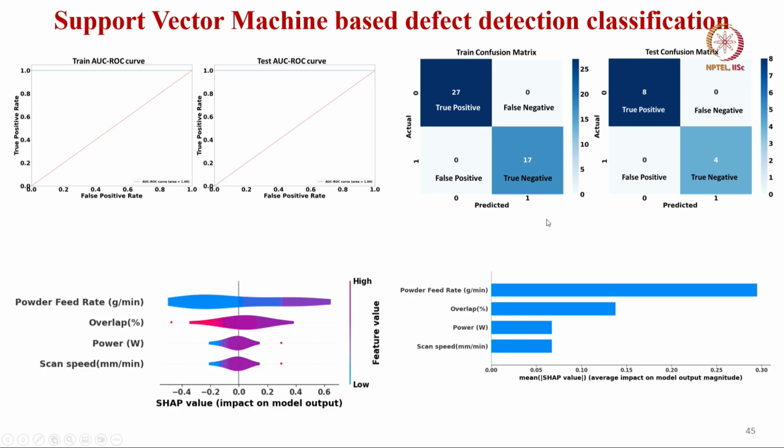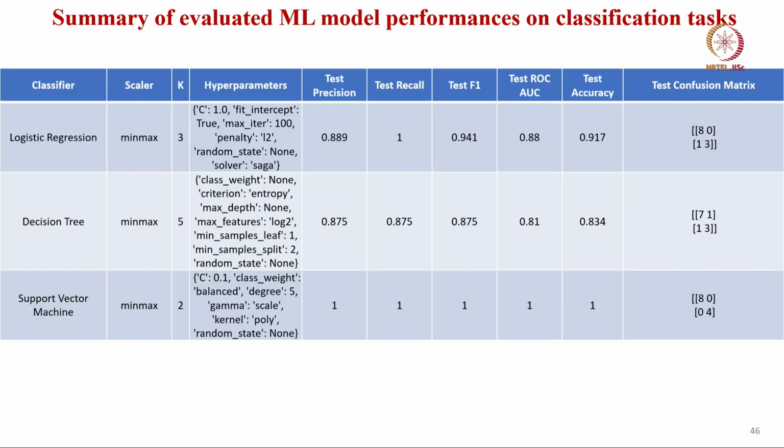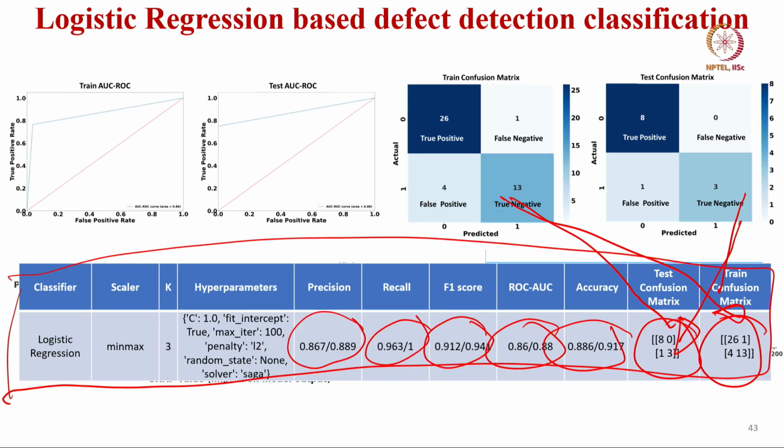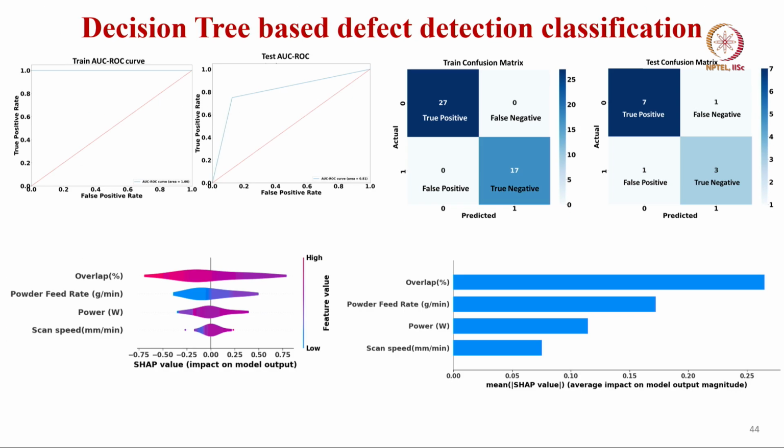Okay. So similarly you can utilize the other classification algorithms, shown here, like the decision tree based defect detection classification. Here we have found that the percentage overlap has much more impact compared to the powder feed rate or power or scan speed.